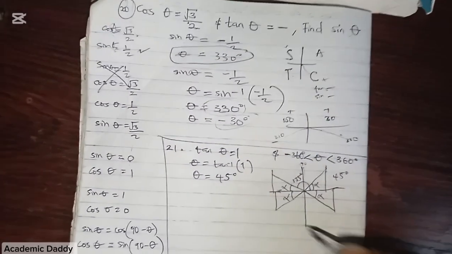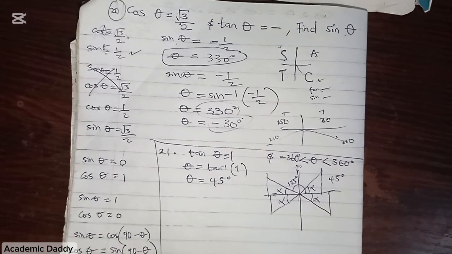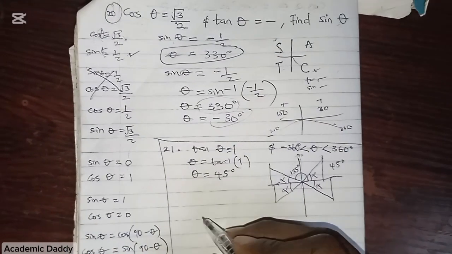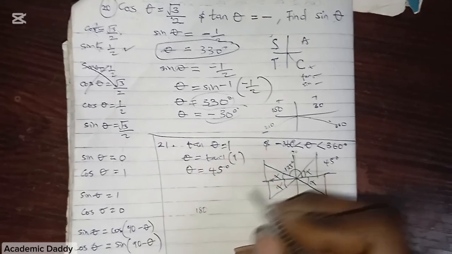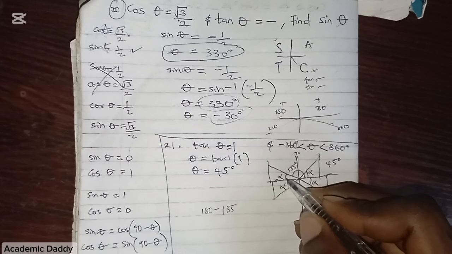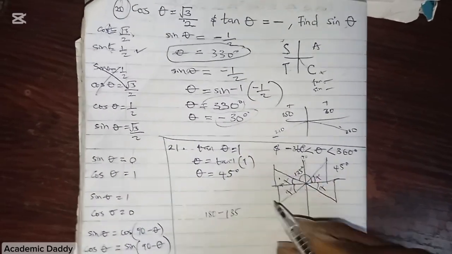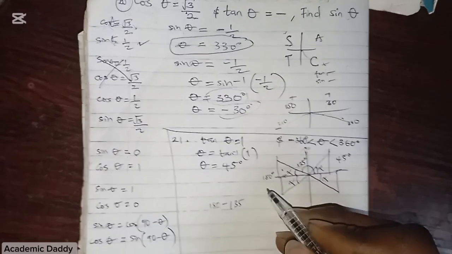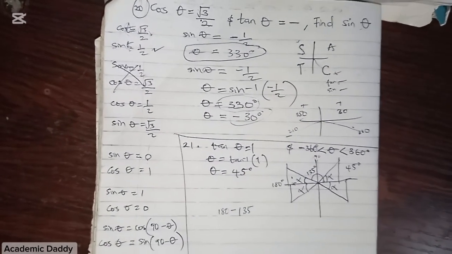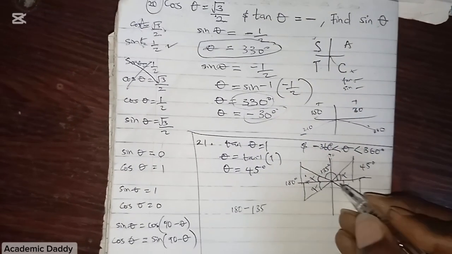Now, if you do 180 minus 135, for example, you see that what you have here is 45 degrees. So since I have here 180 degrees, 180 plus 45 degrees, 225.